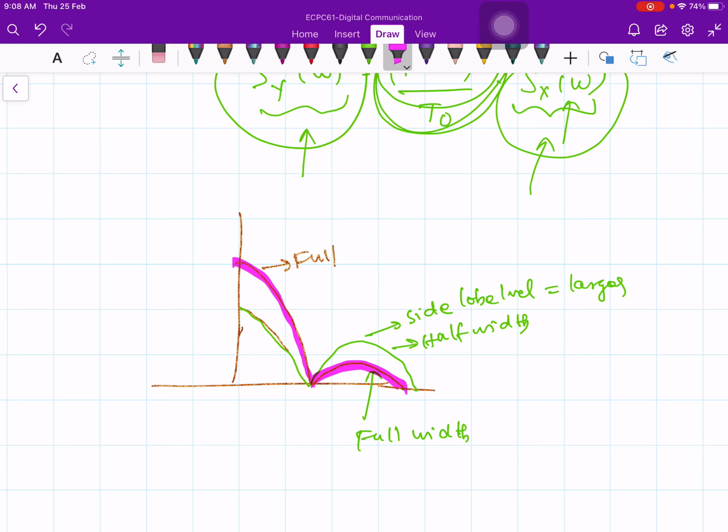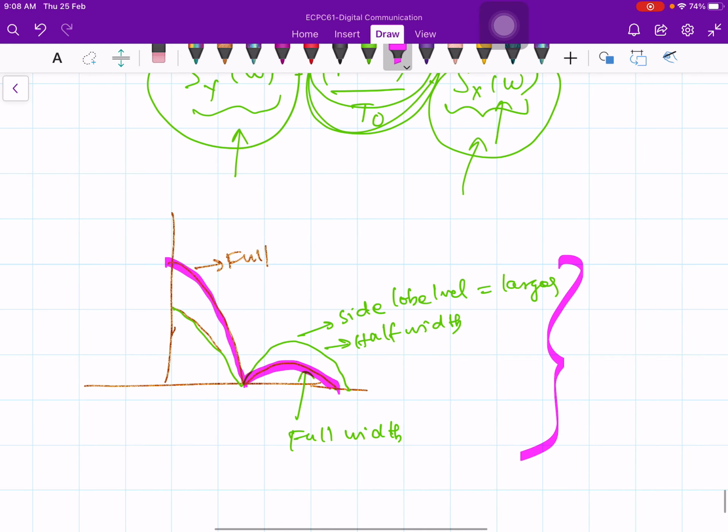So what is the moral of this story between the half width and full width? If you change the width of the pulse, or change the shape of the pulse, there is a possibility to reduce the side lobe level. When you reduce the side lobe level, you are controlling the energy; you are not putting energy unnecessarily in the side lobes.